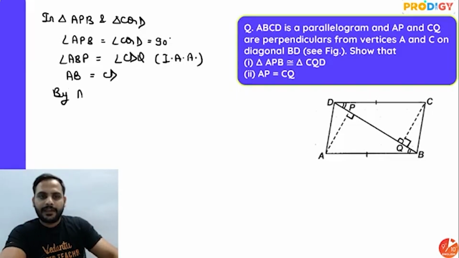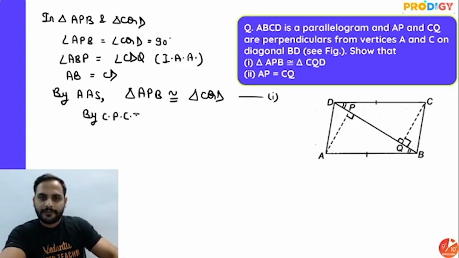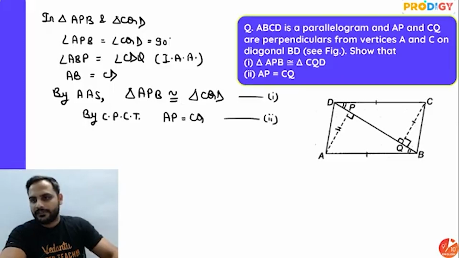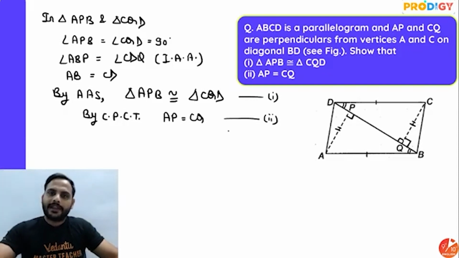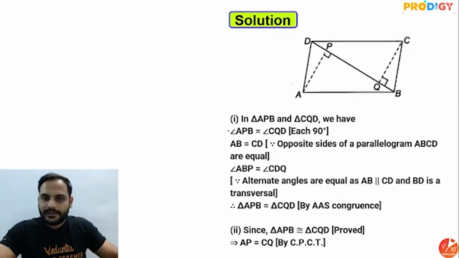So by the angle side rule, triangle APB is congruent to triangle CQD. First one proved. Second one we can easily say by CPCT, AP is equal to CQ. So AP and CQ are equal and both triangles are congruent. As simple as that.